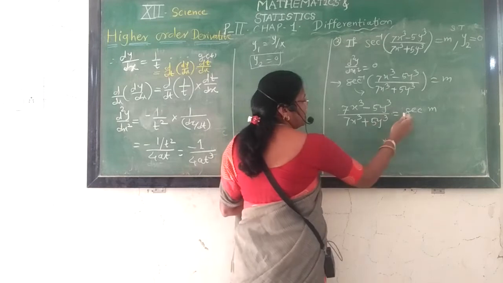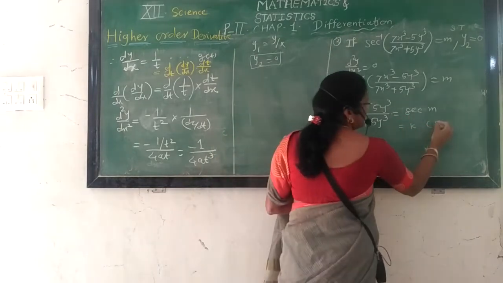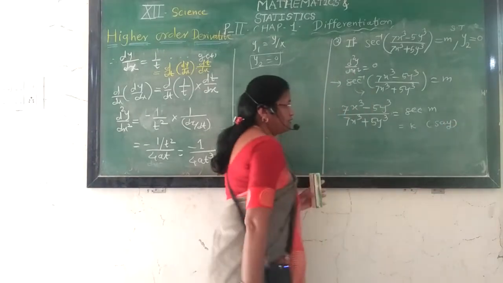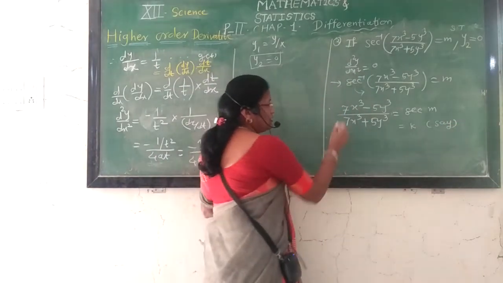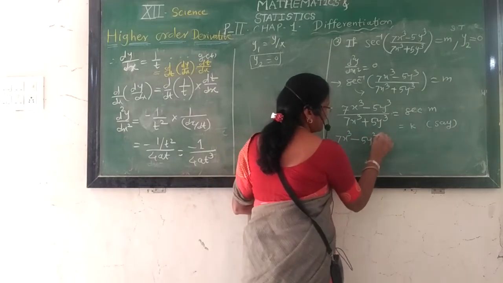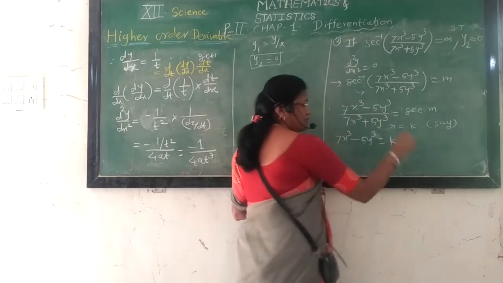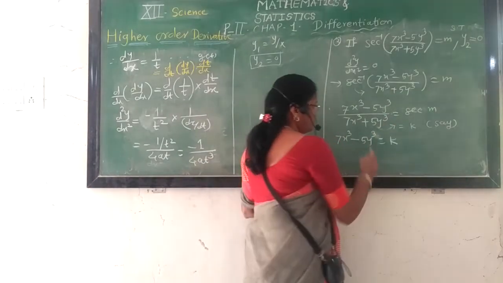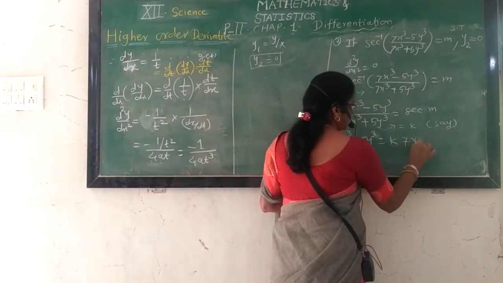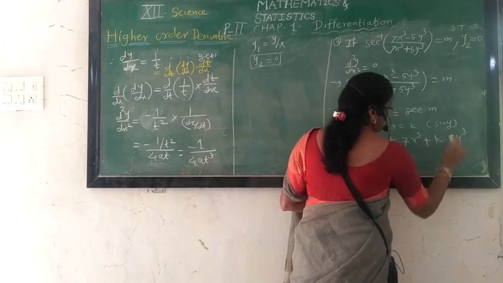Now this function, the sec value of the angle m, is a constant. So that becomes 7x cube minus 5y cube is equal to, multiplying to the right side, k times 7x cube plus k times 5y cube.